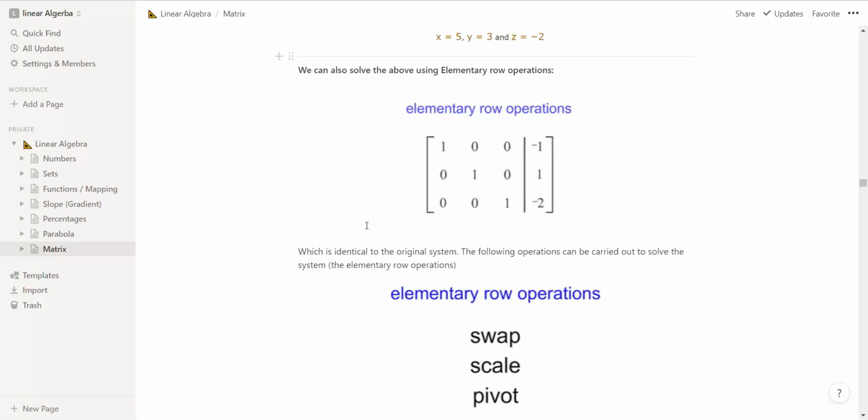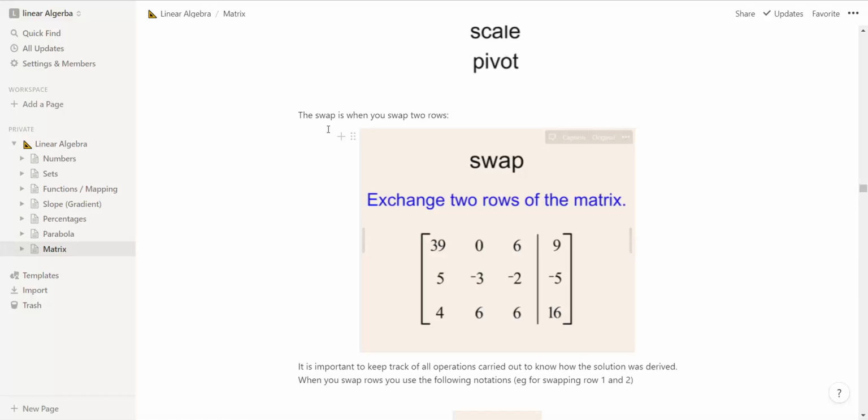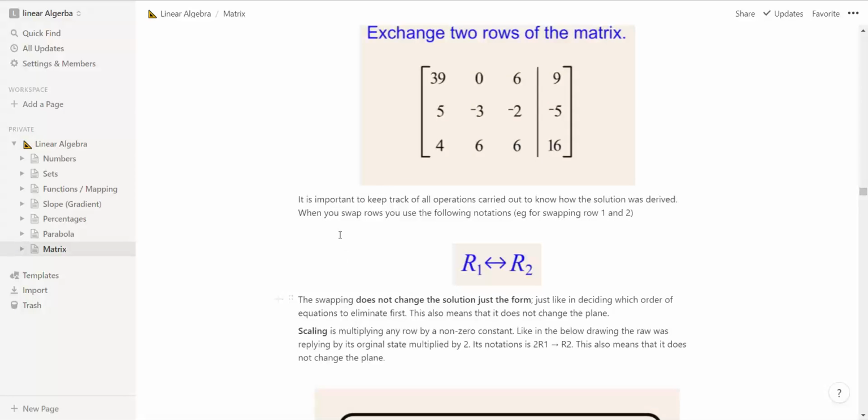So elementary row operations. There are three main operations that we could use: swap, scale, and pivot. The swap is when we swap two rows, like R1 with R3, for example. It's important to keep track of all operations carried out to know how the solution was derived.